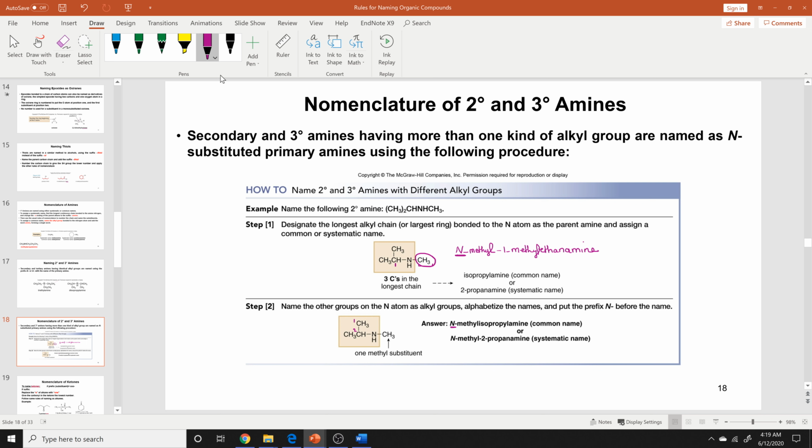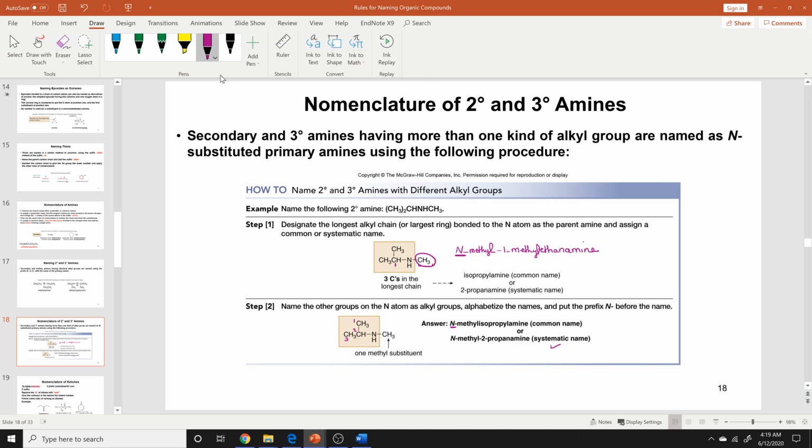So you can go this way over here, 1, 2, and 3. On the second carbon, you do have your amine. So on the second carbon, it is connected to the nitrogen. So you can do N-methyl propane and then amine. This is one way of doing it.